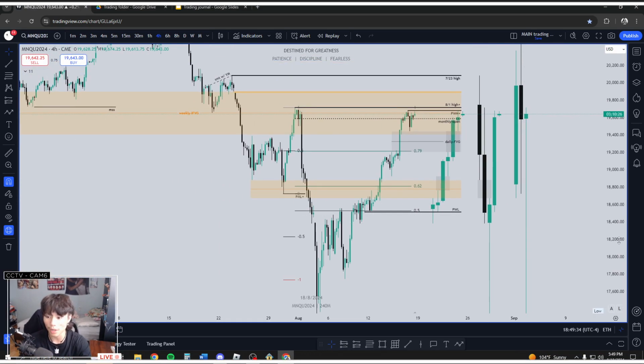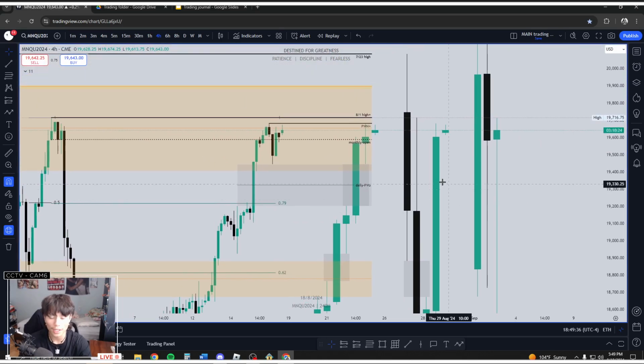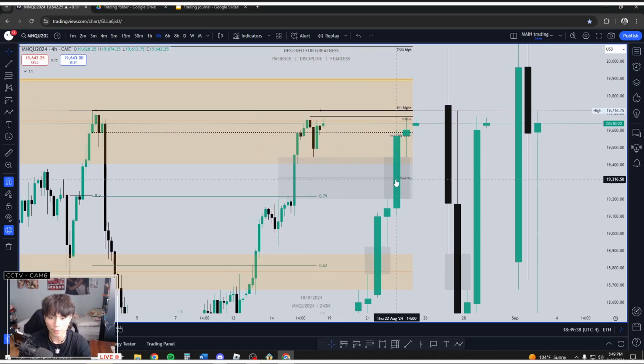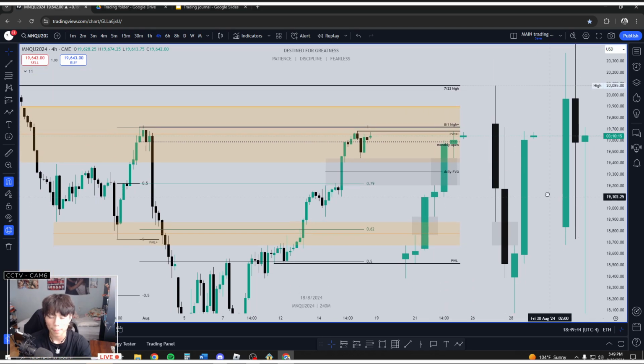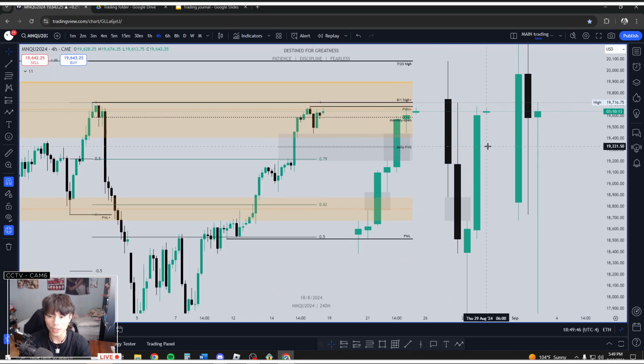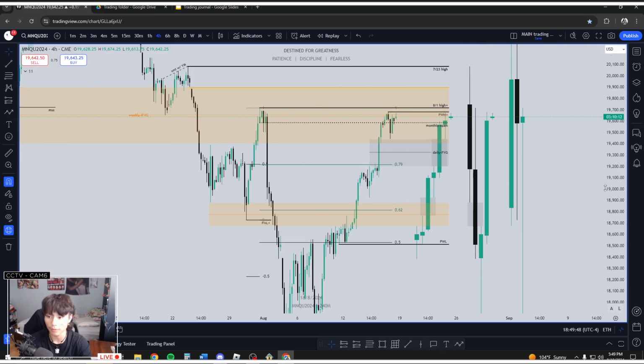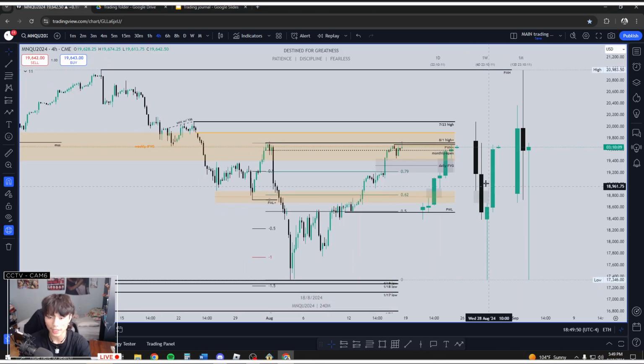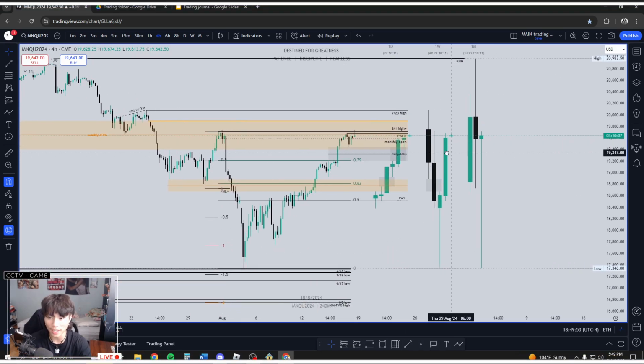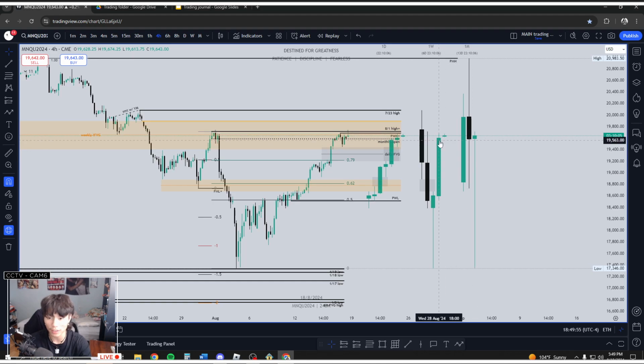So on NQ, actually, we have created this daily fair value gap here, denoted by this gray rectangular box. And based on the weekly time frame here, so this is a weekly candle right here. Based on that weekly candle, I can anticipate for us to take out that previous week's high.